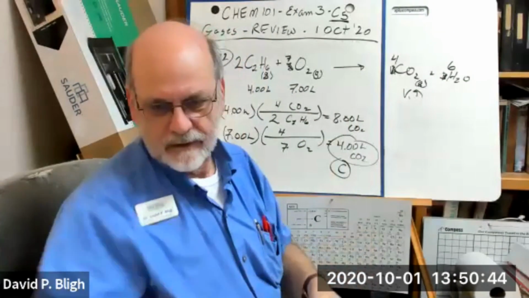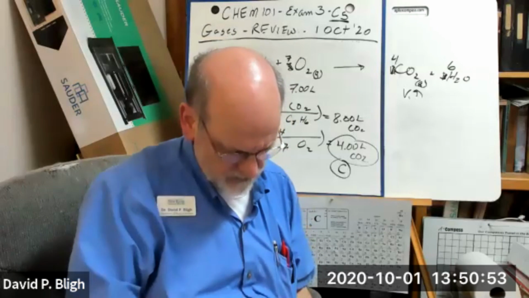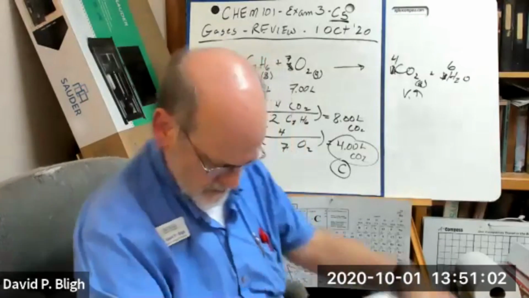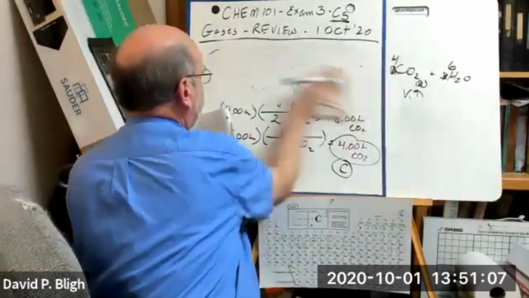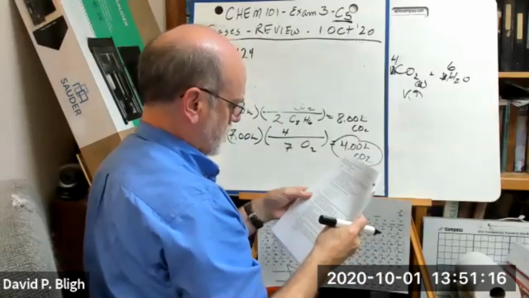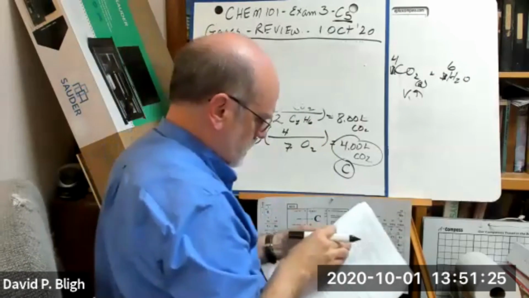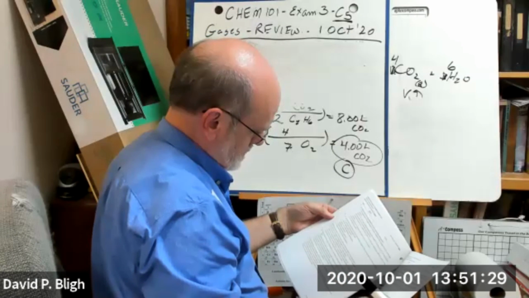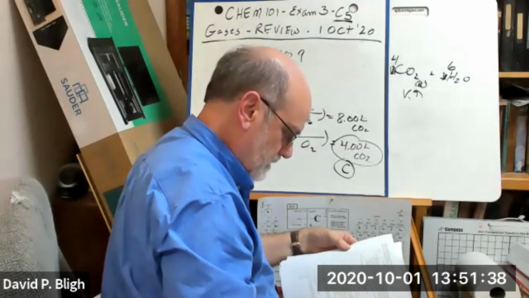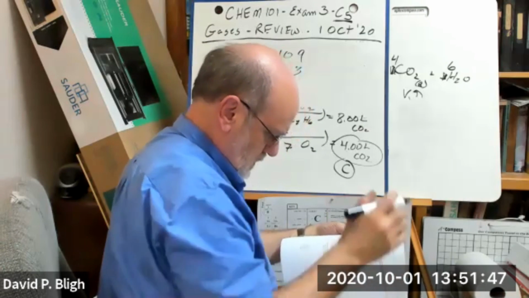Okay. That's all I got time for, I'm afraid. Let me tell you the ones that I had to skip. Maybe you can take a look at those. We did those. Number 124. Let's see. Take a look at 124. 118, 117. Did that one. What else did I skip? 109. 103. 95.